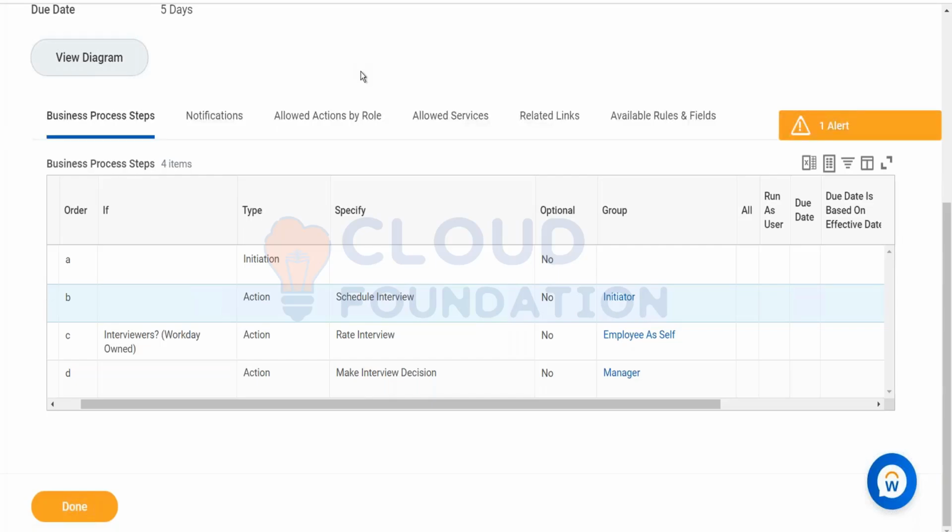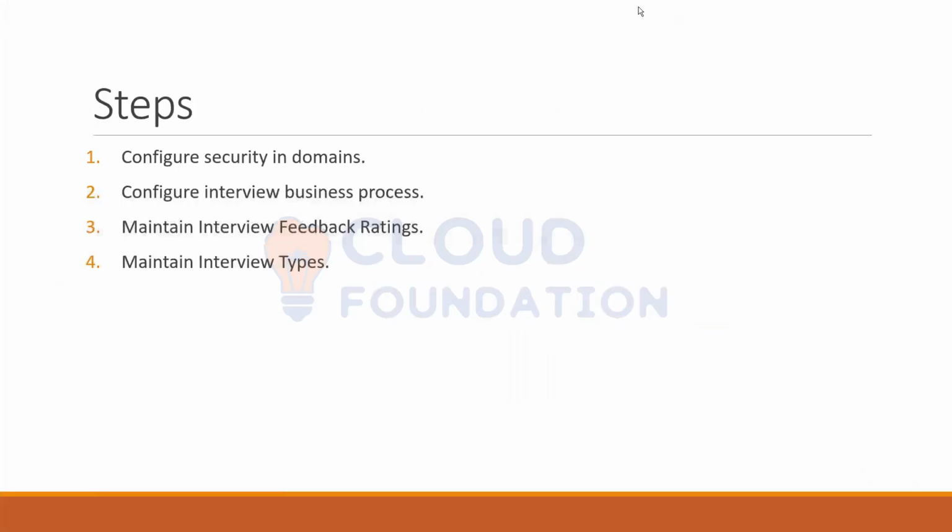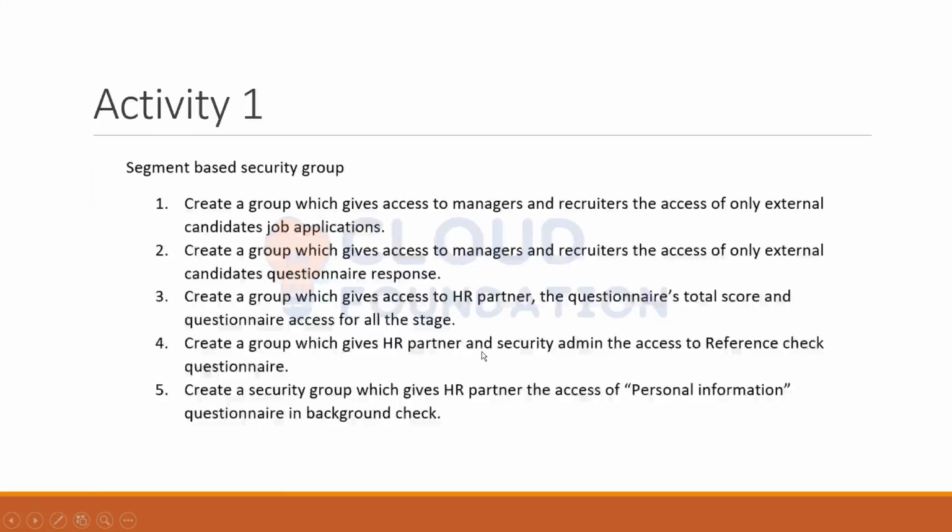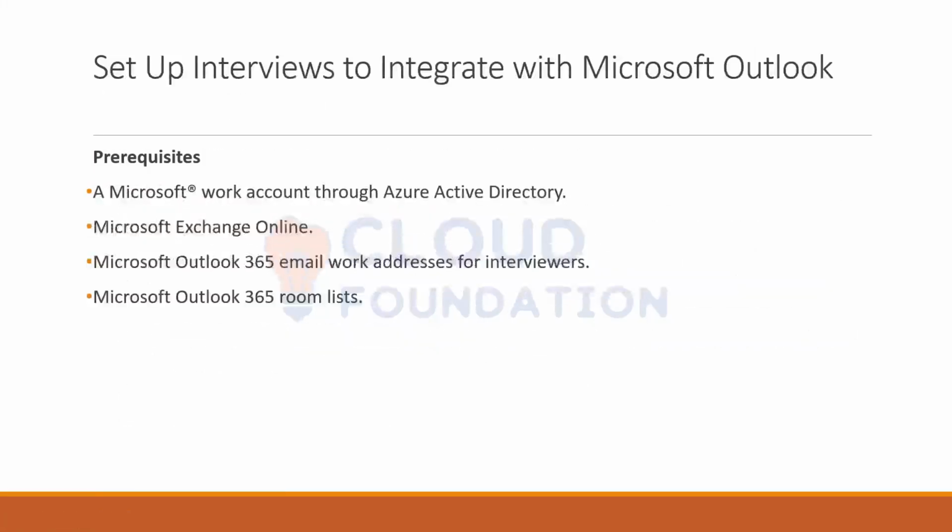Now let's go to the next topic, which is setting up Workday with Outlook. This is also a very general feature. The prerequisite before integrating it with Microsoft Outlook is that a work account should be there through Azure Active Directory.